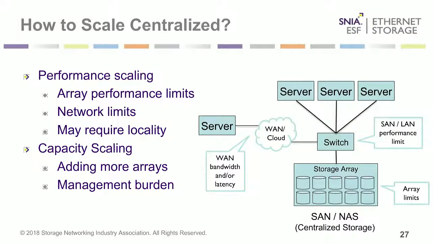So in the illustration here, I have the server on the other side of a WAN link, and that WAN link, whether it's to another branch office or to a server in the cloud, or a local server to storage in the cloud, adds latency. And it also probably has a bandwidth restriction. So when you go across the WAN, you may have the latency too high, or the bandwidth may be too low.